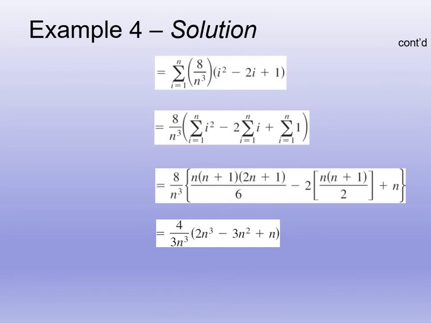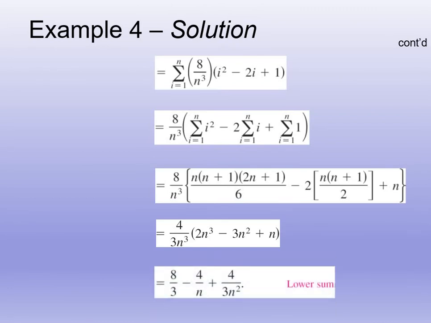So when we simplify down using algebra, I'm not showing all the steps here. We should be able to get these functions here. Remember, this was just for the lower sum. So when we do all the algebra simplification, you should get 8/3 minus 4 over n plus 4 over 3n squared. So that's the lower sum.